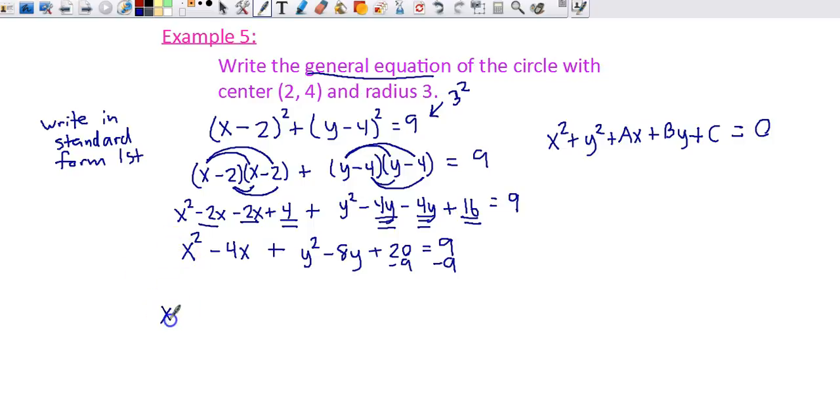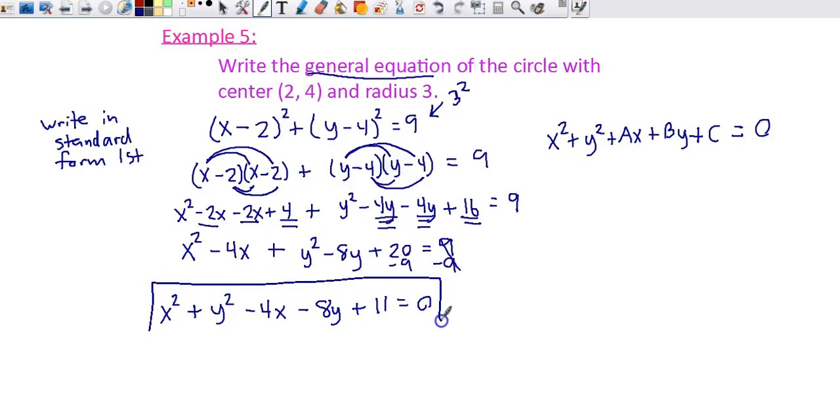So it's going to be x squared plus y squared minus 4x minus 8y, and then 20 minus 9 is going to be 11. General form.